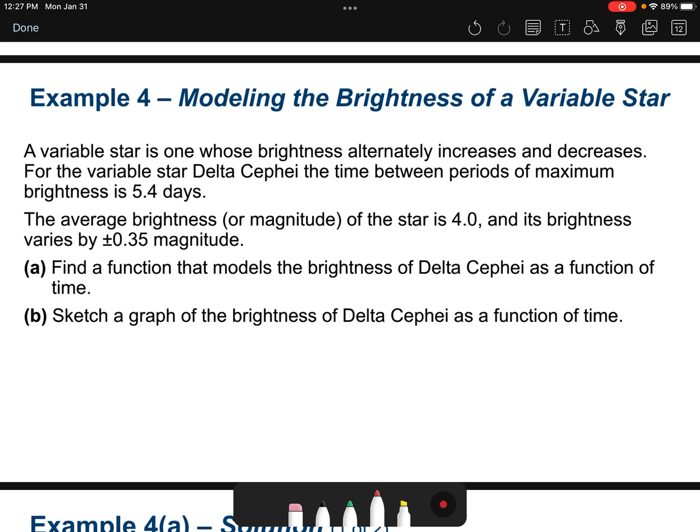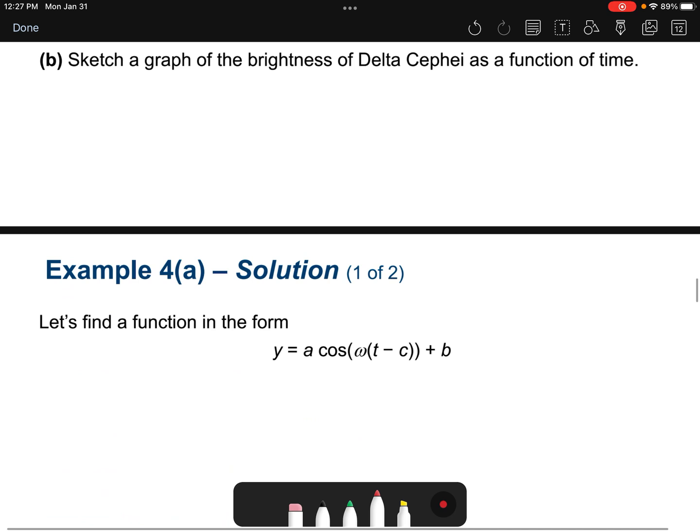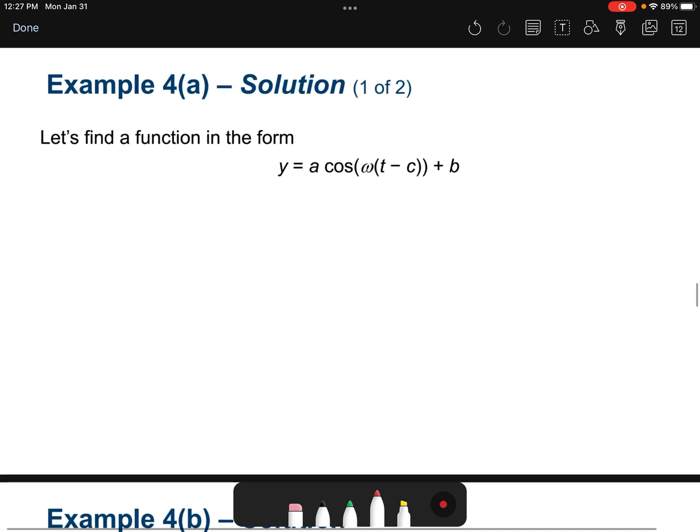The average brightness or magnitude of the star is 4.0, and its brightness varies by plus or minus 0.35 magnitude. Now we're going to find the function that illustrates this. Okay, well, the magnitude then must be A. So A would be 0.35.